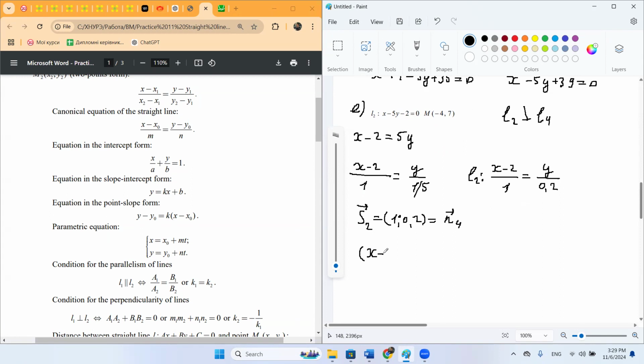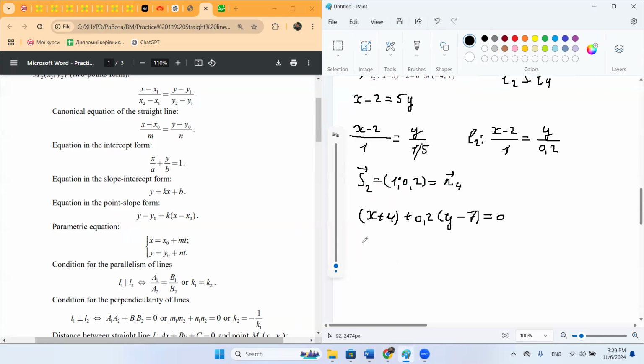So we can write down the equation. x plus 4 plus 0.2 times y minus 7 equals 0. Now let's expand everything. x plus 0.2y plus 2.6 equals 0.